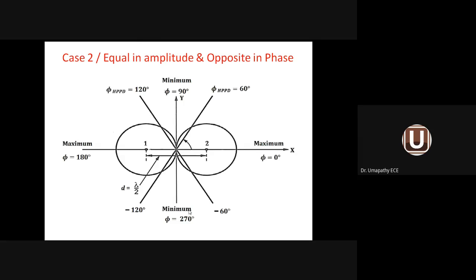Broadside array: maximum radiation perpendicular to the array axis. N-fire array: maximum radiation along the array axis. Second point: broadside array has equal amplitude and equal phase; n-fire array has equal amplitude and opposite phase. Third one: maxima angles are 90 and 270 degrees, whereas in the n-fire array, maxima angles are 0 and 180 degrees.